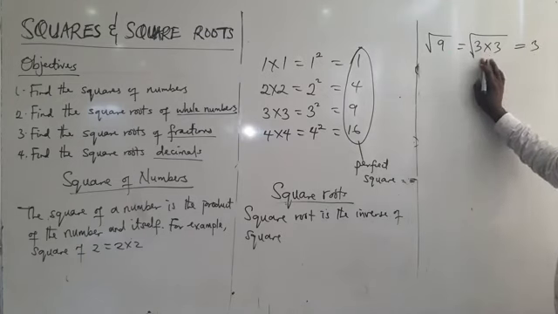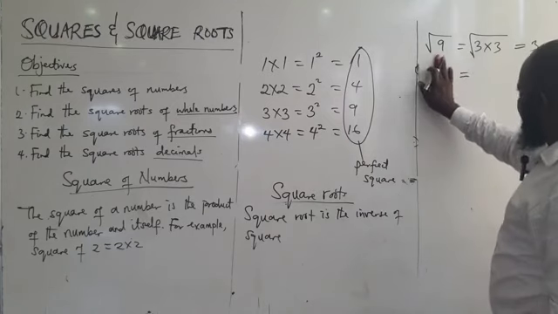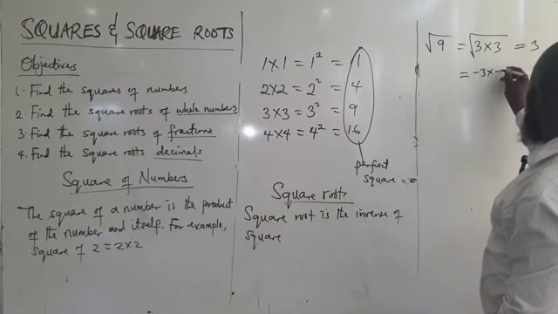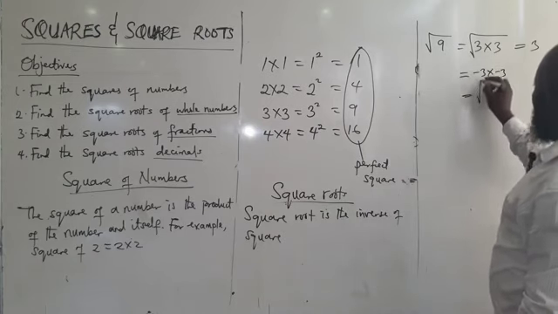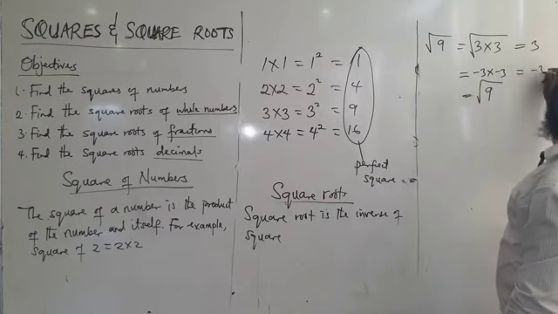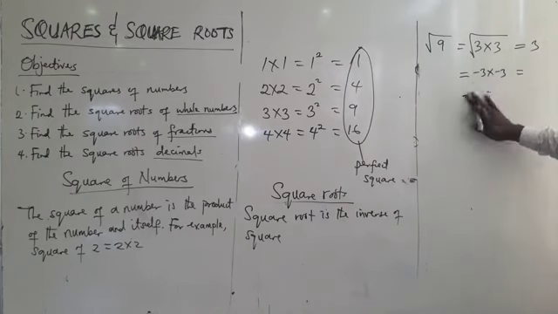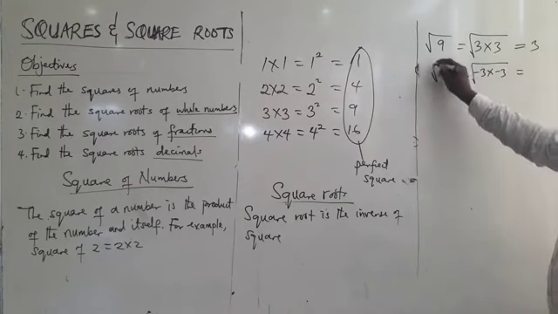Also, if you have minus 3 times minus 3, it will also give us 9. So the square root of 9 would be either minus 3 or plus 3. That's what we're trying to say here. Am I with you?